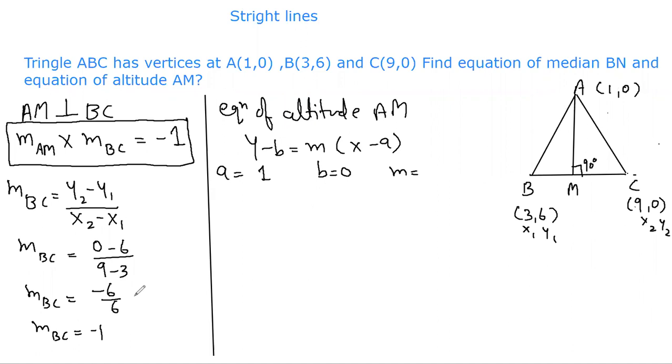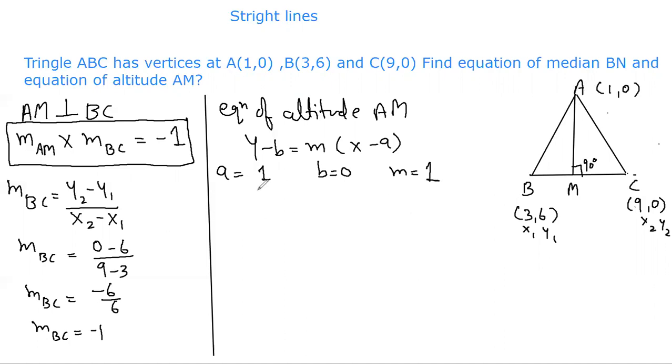So according to the property, the gradient of BC and the gradient of AM will give us negative 1. So can we flip it? Negative 1 will become 1, changing the sign. So the gradient will become 1. If the gradient of BC is negative 1, the gradient of AM will be positive 1 here.